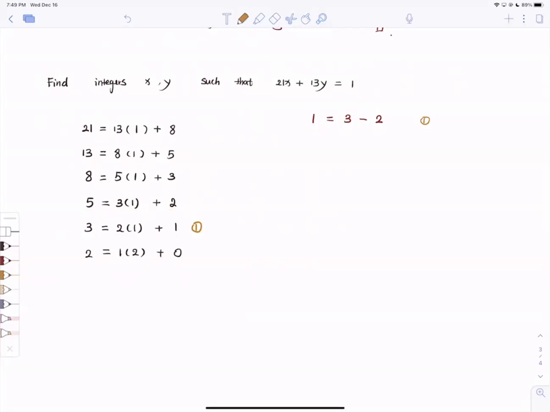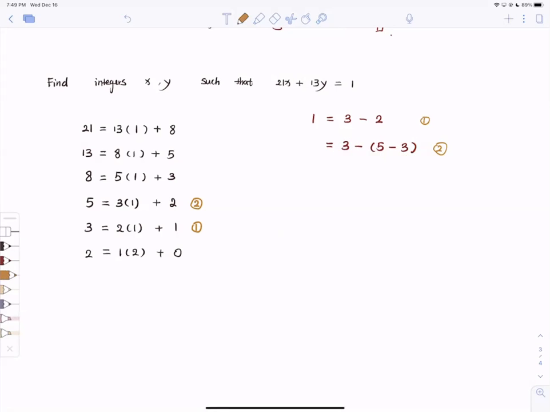So let's call this step 2, which equals 3 minus (5 minus 3). Okay. Now I'm going to open the bracket and combine those two together.